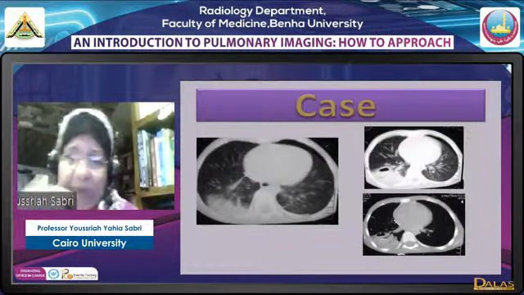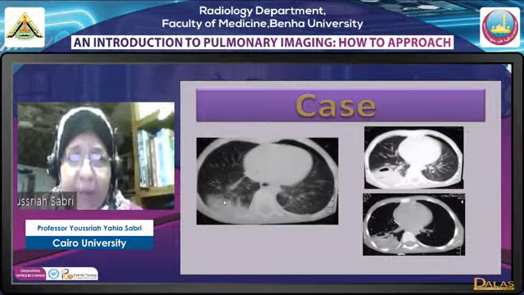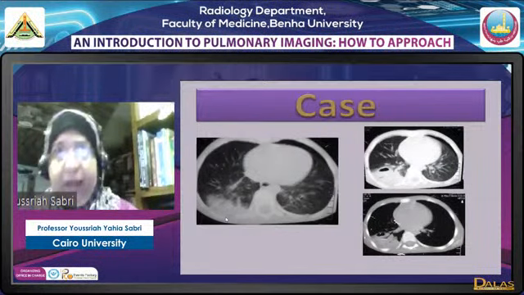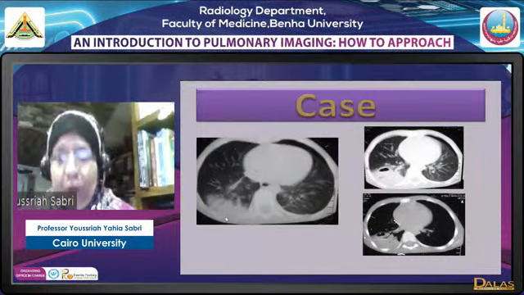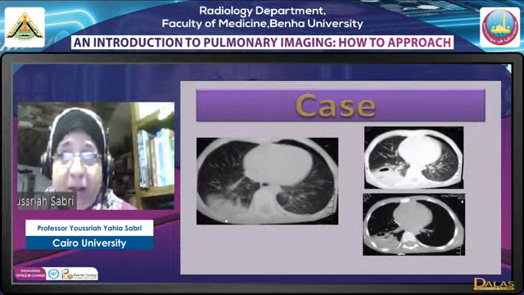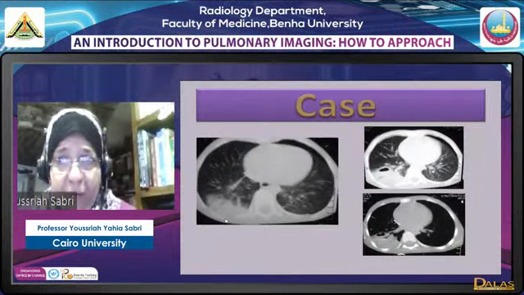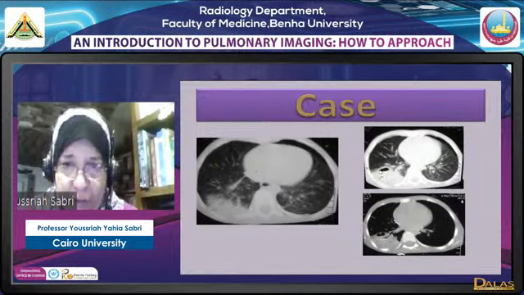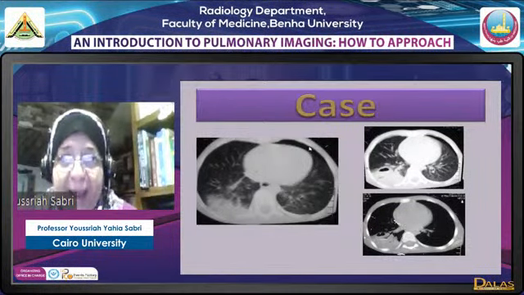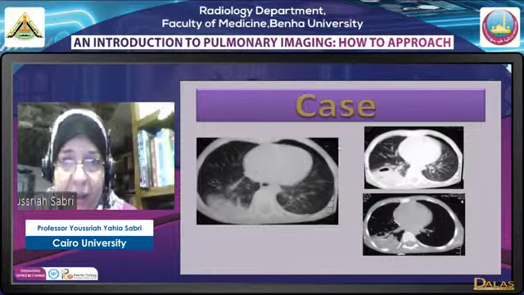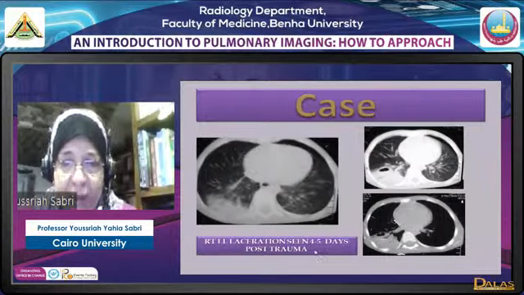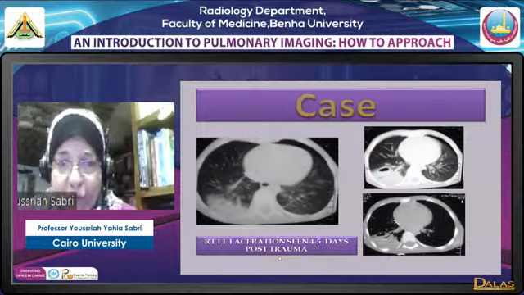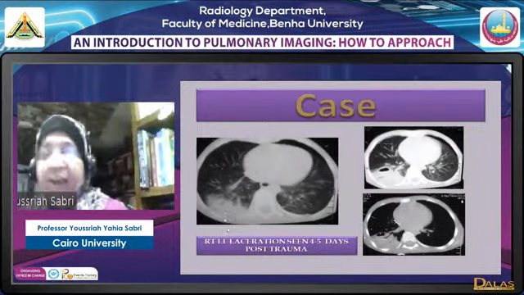Now, here we have a unilateral peripheral consolidation. We are still discussing consolidation. We are now discussing peripheral consolidation, and we have shifted from the bilateral to the unilateral. This is a unilateral peripheral consolidation with cavitation, air bronchogram, and a pneumothorax here. This CT was done 4 to 5 days post-trauma, and this is how a laceration will look.